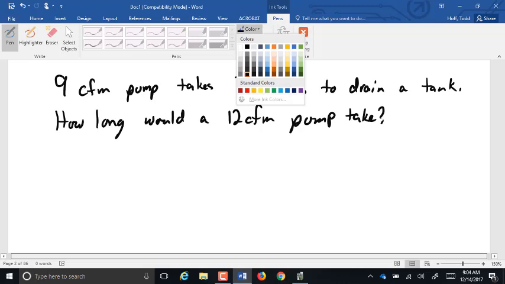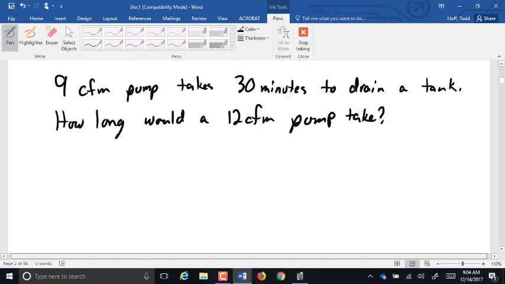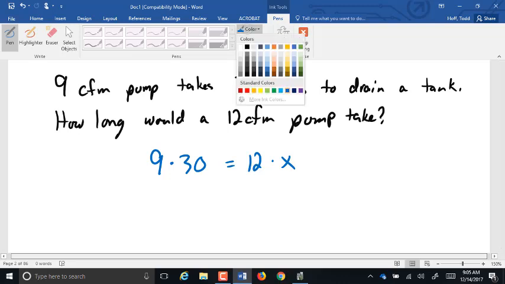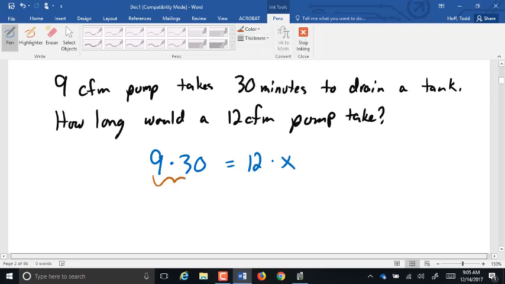Again, inverse variation. So it's the size of the pump, 9 CFM, times the time it takes, 30. That has to equal a constant. So the other pump, when it was a 12 CFM, we're looking for its time. 9 times 30 is 270, equals 12x.